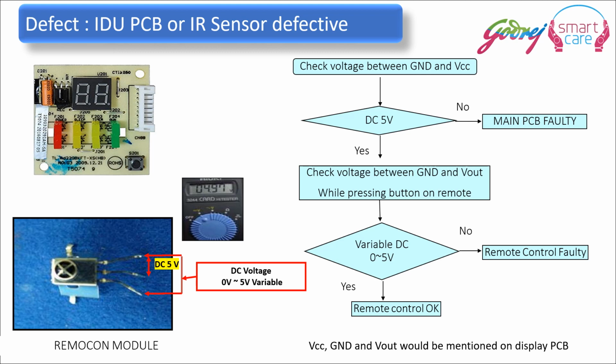So this is how we check whether the display PCB is faulty, or the indoor unit PCB is faulty, or the remote is faulty, by checking the 3 terminals of the infrared sensor mounted on the display PCB of the air conditioner. See, this is the infrared sensor, shown in red color, and the various terminals are indicated this way.